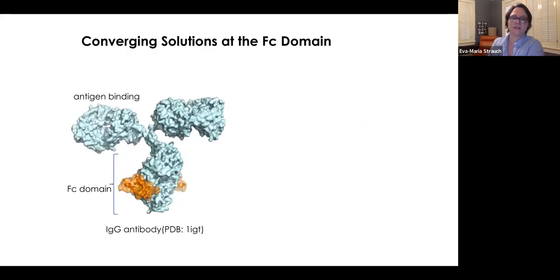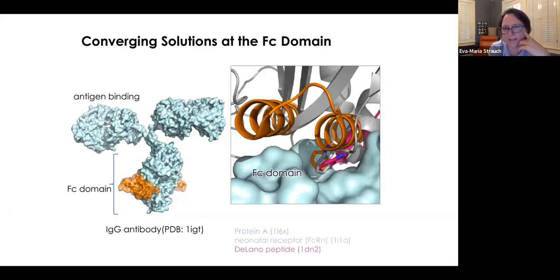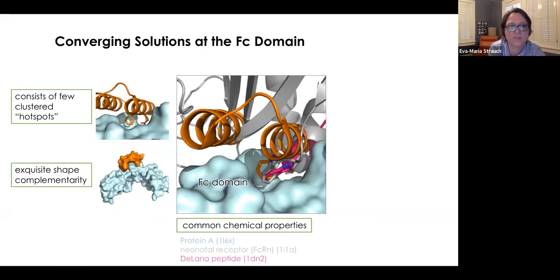And then the part that I find also interesting, as you think about converging solutions to binding, something Jim Wells discussed when he first brought up the discussion about hotspot residues, is that you have certain trends where you have similar chemical contacts. So you have a common chemical property. And so that was how we started talking about hotspots, and they're clustered, have similar contacts because you have a certain chemical surface composition.